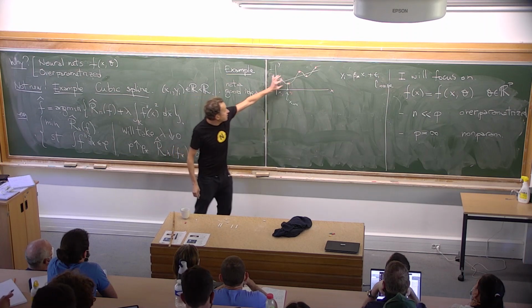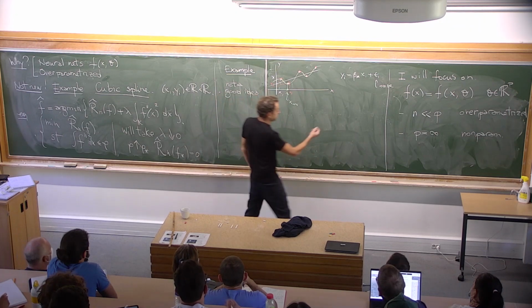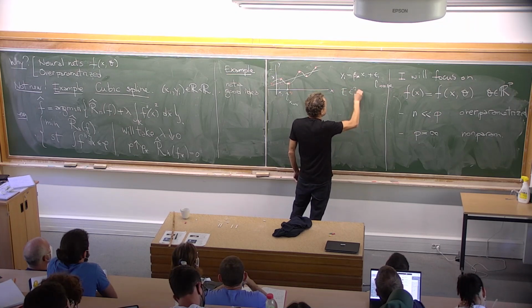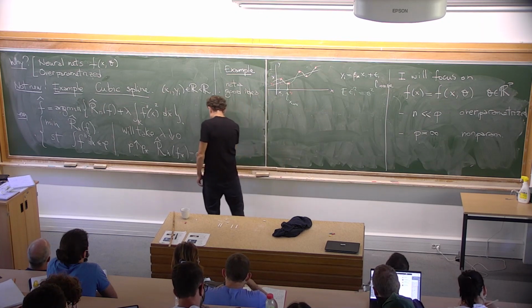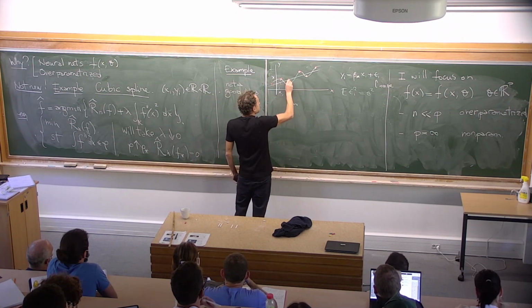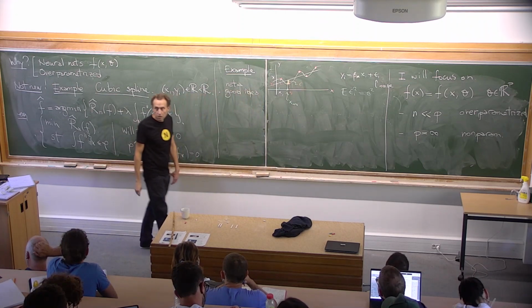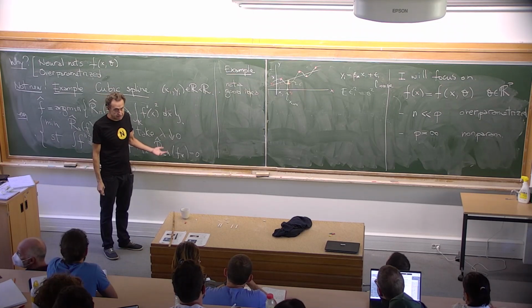It's off by an amount that is proportional to the standard deviation of the noise. If epsilon_i has variance sigma squared, this will be off by an amount of order sigma. So the prediction error will be large for this interpolating spline.